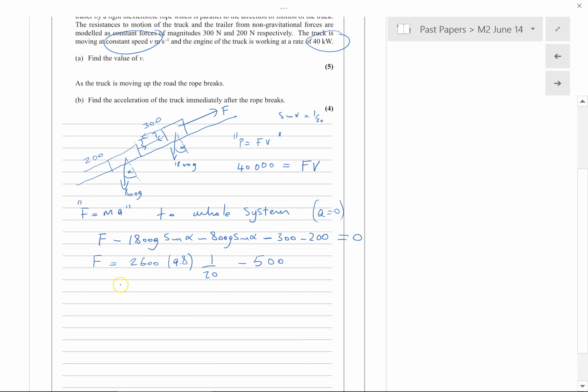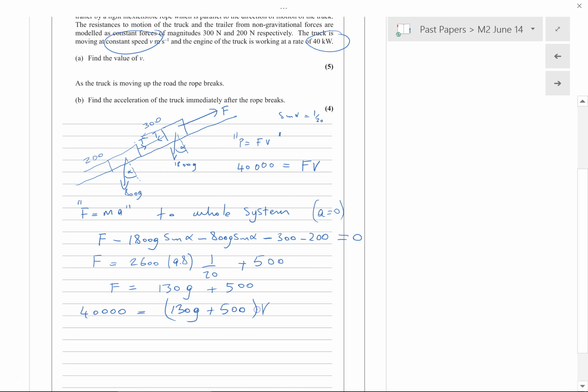So the two cancel, so that F is equal to 130 times g plus 500. Now I'm going to put that value for F back into there. So I've got 40,000 is equal to (130 g plus 500) times V.